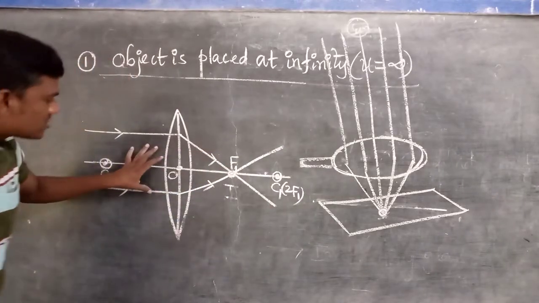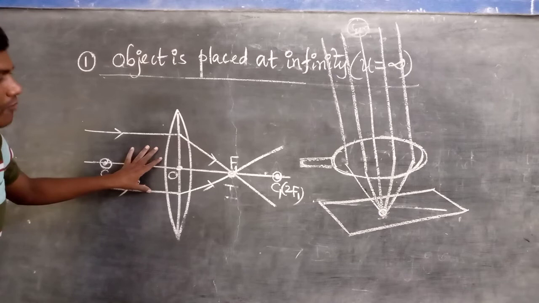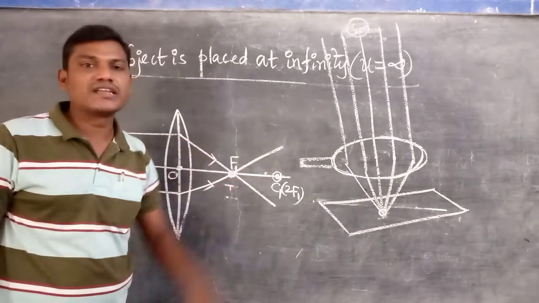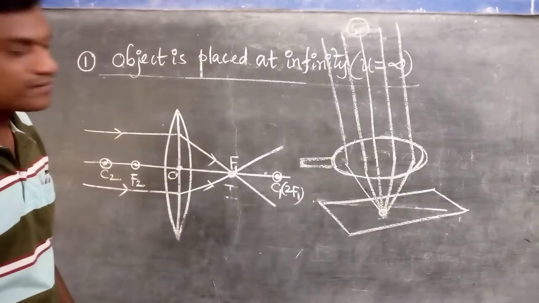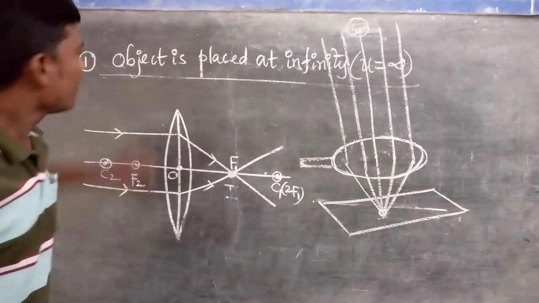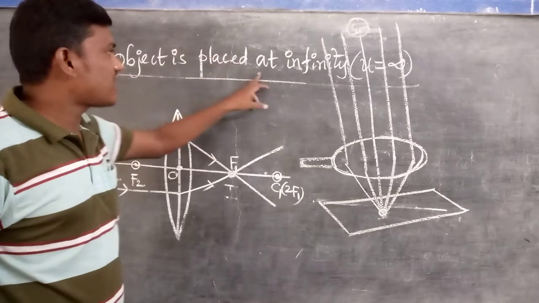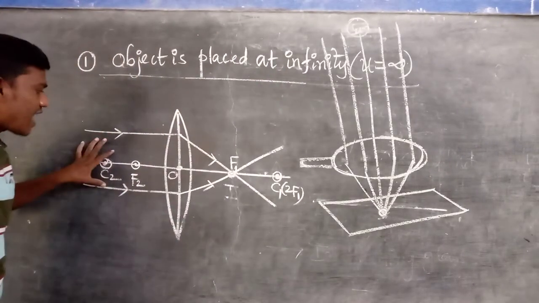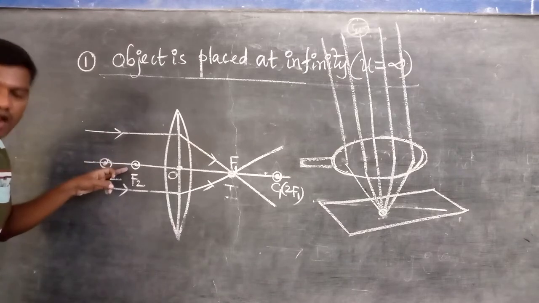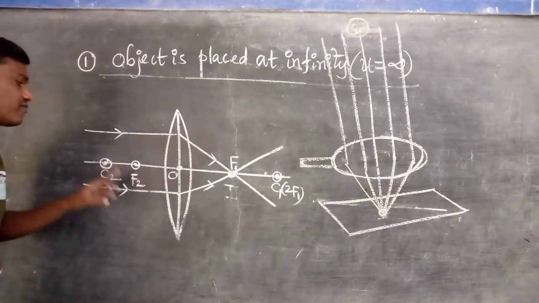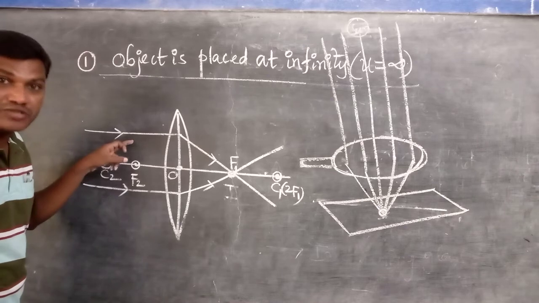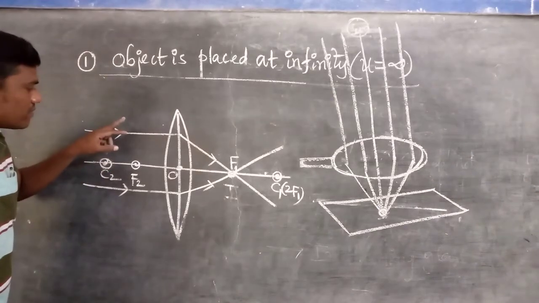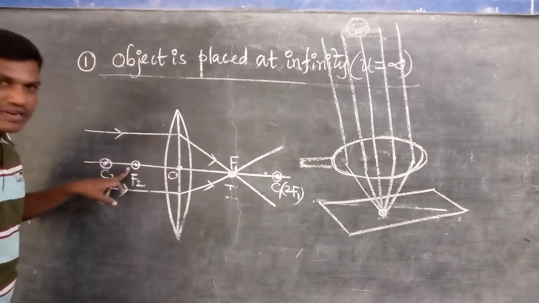This type of arrangement is what we are observing in a burning glass. So listen very carefully. When an object is placed at infinity, the rays coming from the object must be considered as parallel to the principal axis, according to the nature or property of light. Already we know the rules for image formation: the incident rays are parallel to the principal axis.